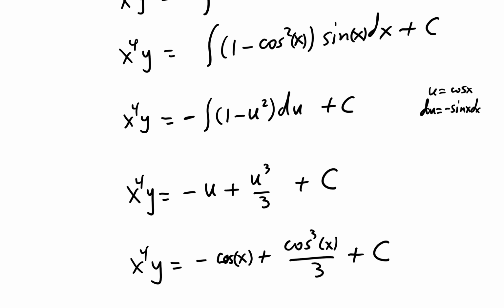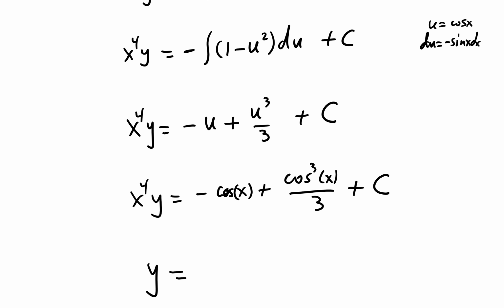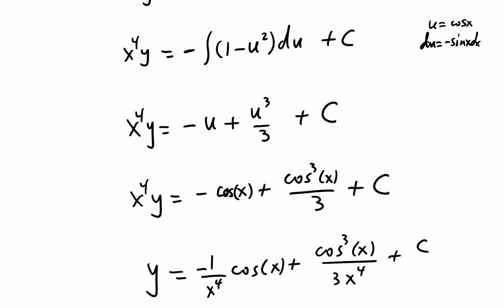As a final step, you could divide everything by x to the fourth power. So you get negative 1 over x to the fourth cosine x plus cosine to the third x over 3x to the fourth plus c over x to the fourth.